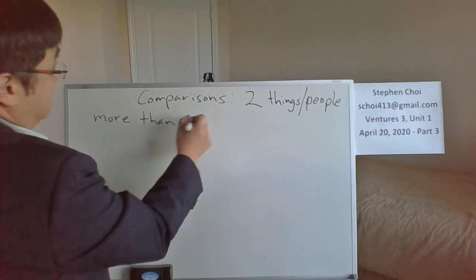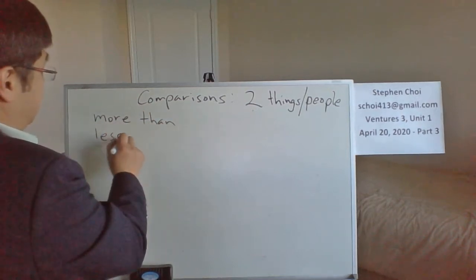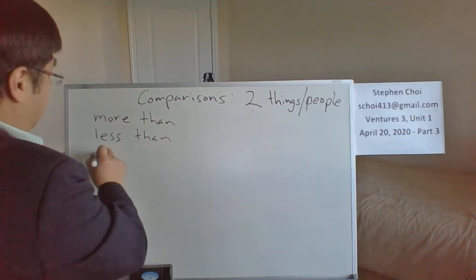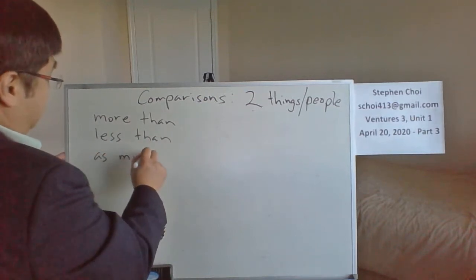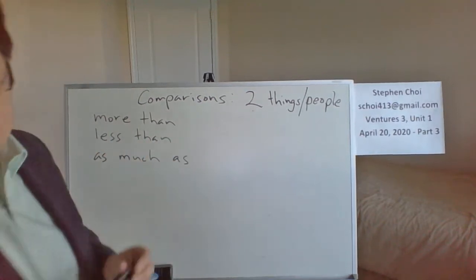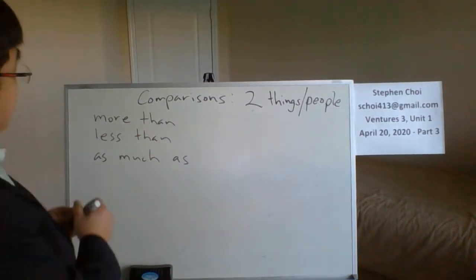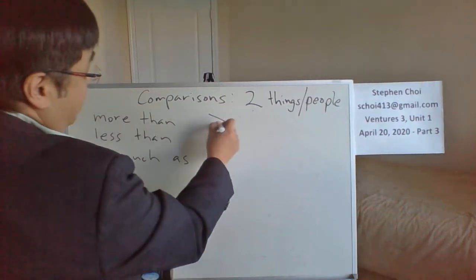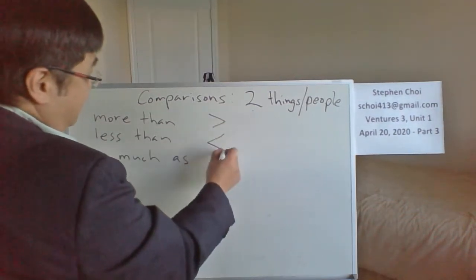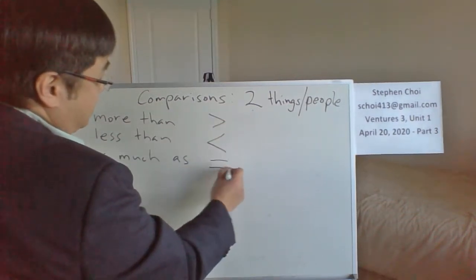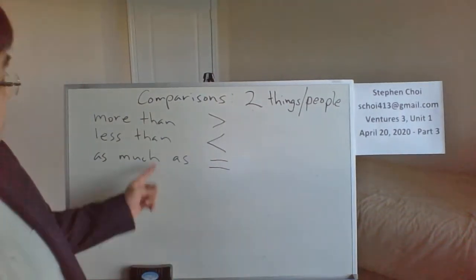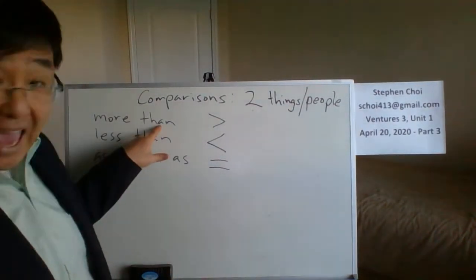More than, less than, and as much as. So more than, if you know math, is this, and less than is this, and as much as is equal. They're the same. More than. By the way, this is an.